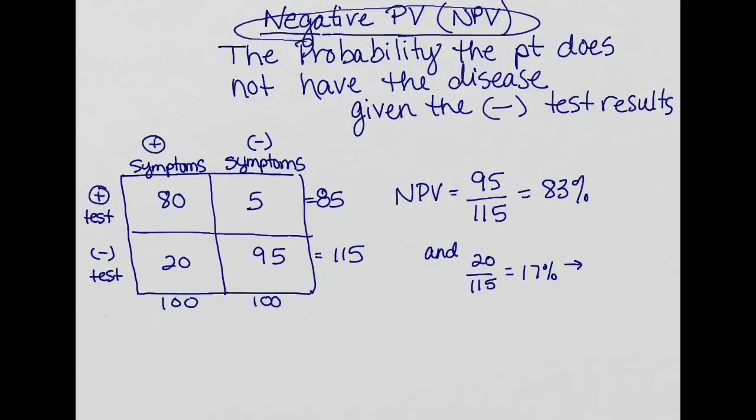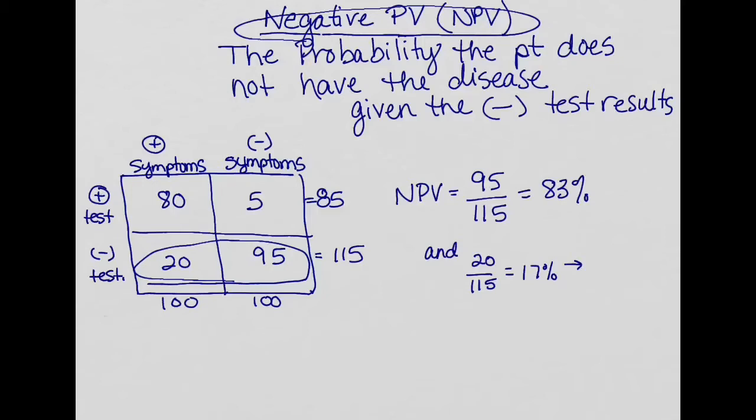We have 5 patients that tested positive but don't have symptoms. The negative predictive value is actually looking at this area right here, those who have symptoms but tested negative and those who don't have symptoms and tested negative. So what is the probability that the patient does not have the disease given these negative test results?